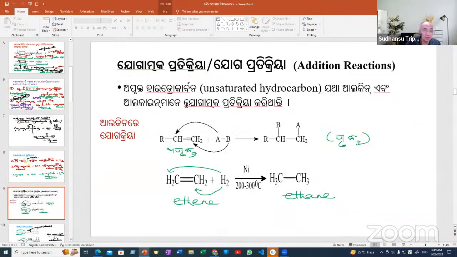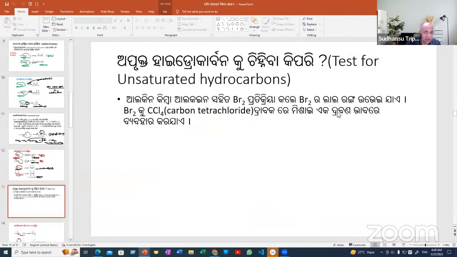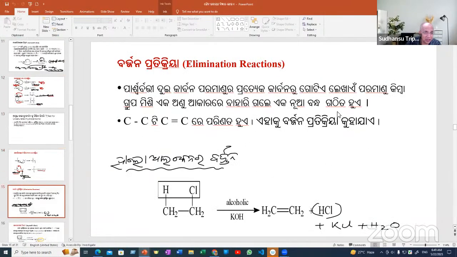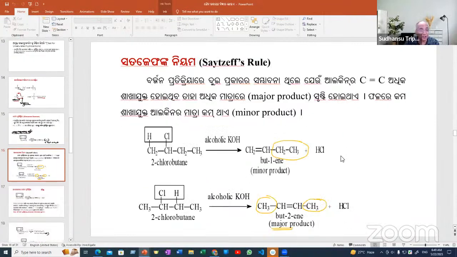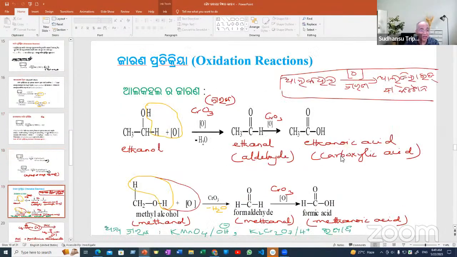Then comes addition reaction. Then elimination reaction. So substitution, addition, elimination. Then oxidation. When we say oxidation, it is a redox reaction, but in organic we simply say oxidation. Why?